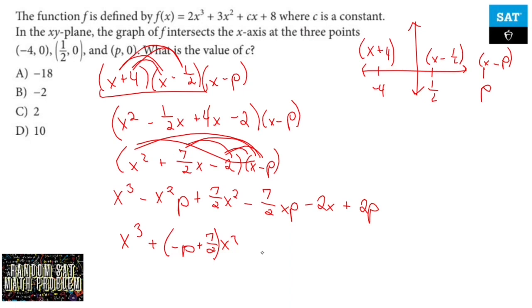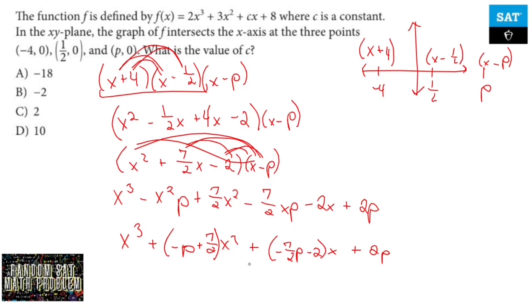I'm going to do the same thing. Plus, and I want x all by itself over here, negative 7 over 2 p minus 2, plus 2p.